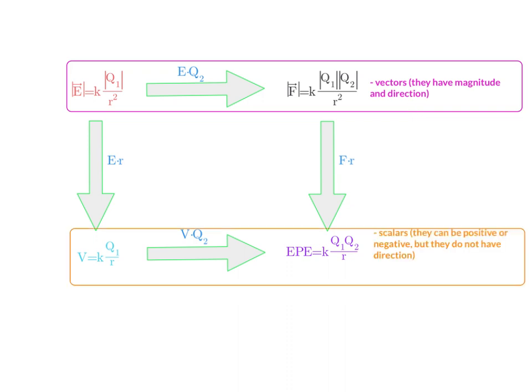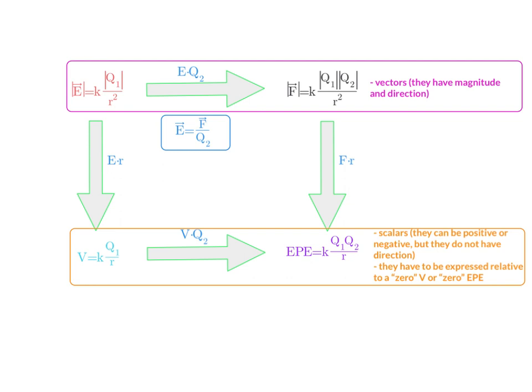These other two concepts, electric potential and electric potential energy, are scalars. They can be positive or negative, but they don't have a direction. Also, these two quantities have to be expressed relative to a zero potential or a zero potential energy. So we have to use a delta V, a delta EPE, to express what these quantities are.